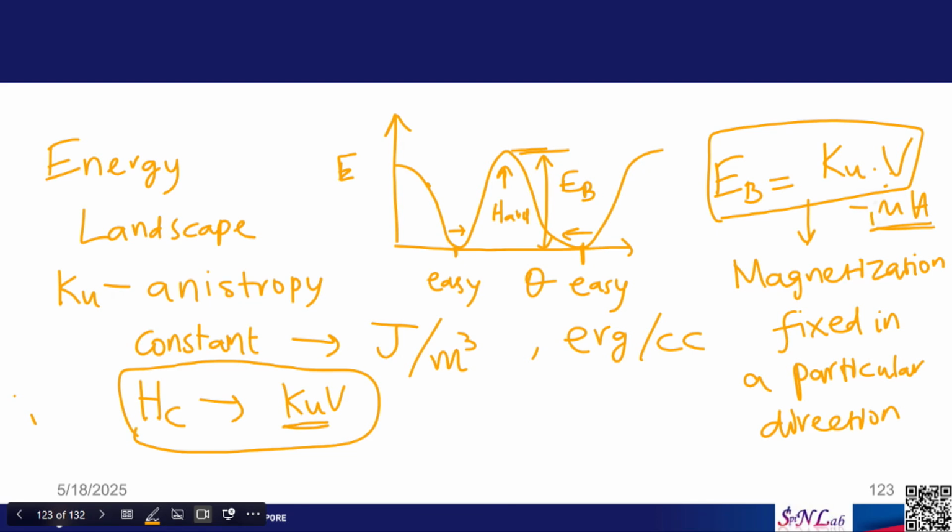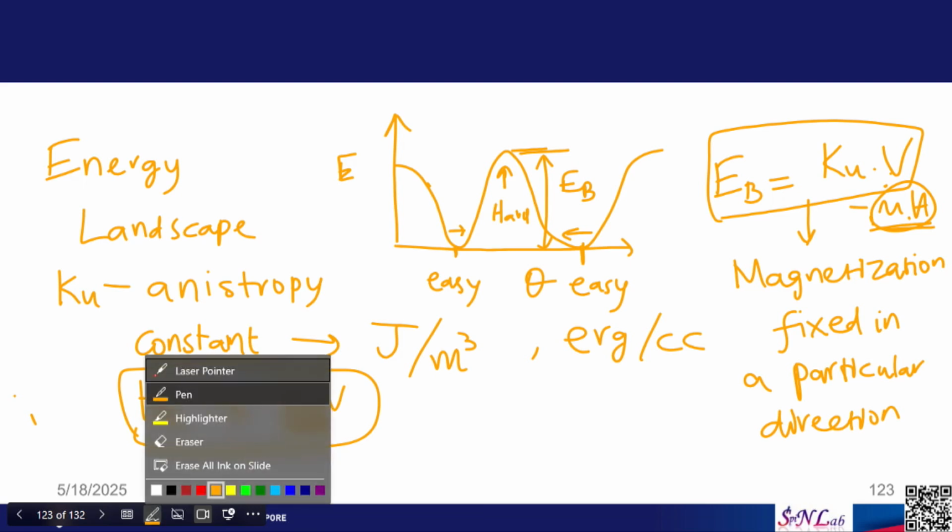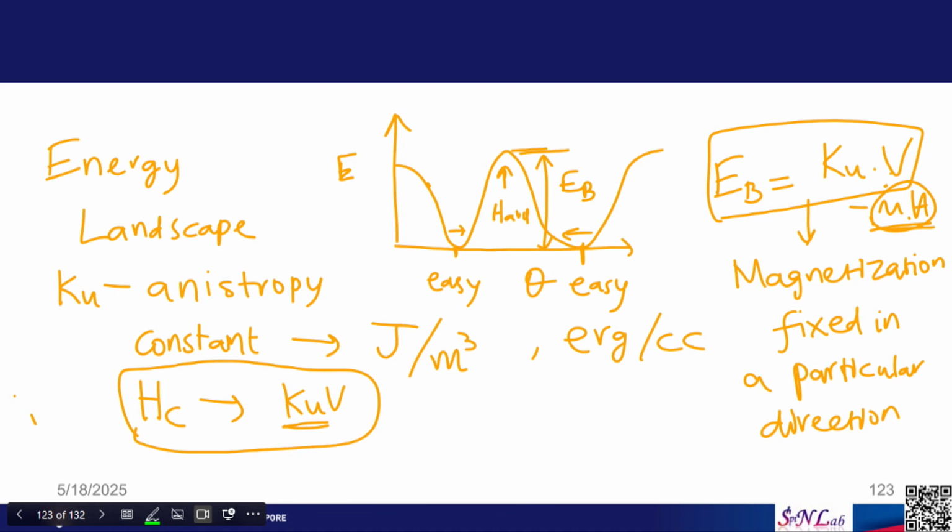So, some energy term here will reduce this energy barrier. When you have interaction, this height may be reduced a bit. This reduction in the height is coming from this internal field term.